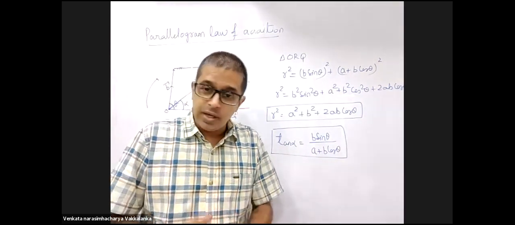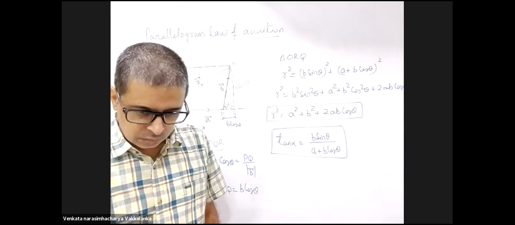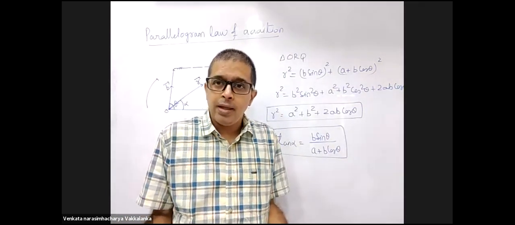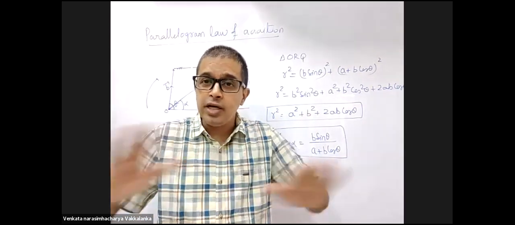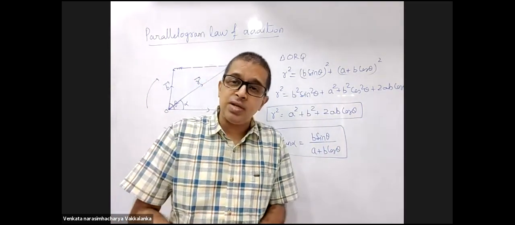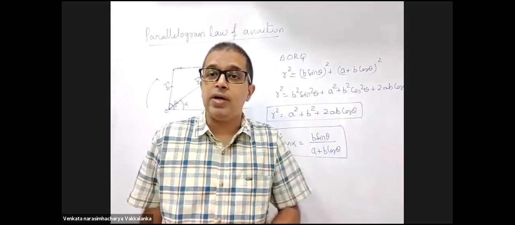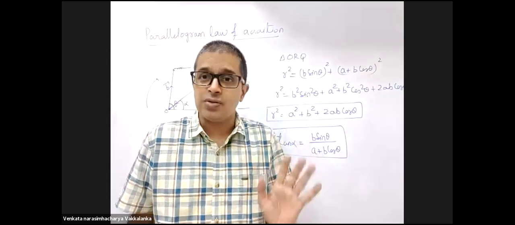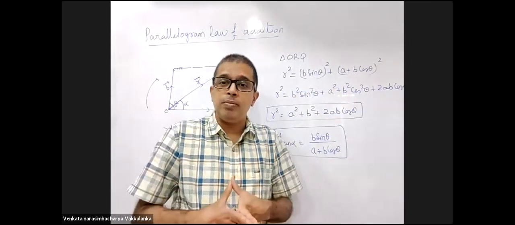If an assertion in reason statement is given, can I have two vectors which are coplanar but not co-initial? My answer is yes. You can have. If you want to translate it forcibly and keep both at the same point, that's your headache.